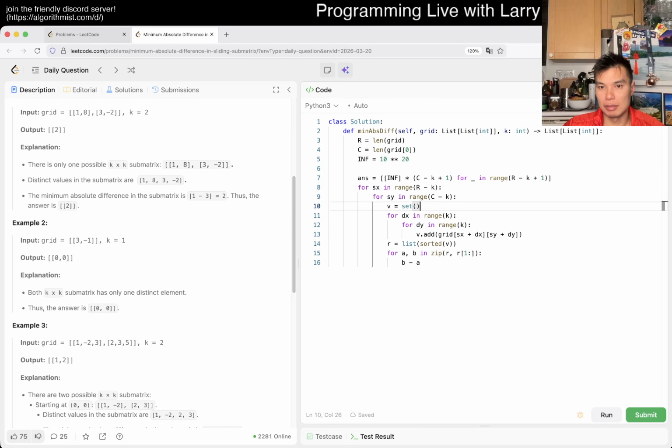But is this minus 1? So if k is 1, then yeah, I think this is plus 1. Maybe I'm wrong, right? But yeah, and then ans of sx sy is equal to min of this and this, right?